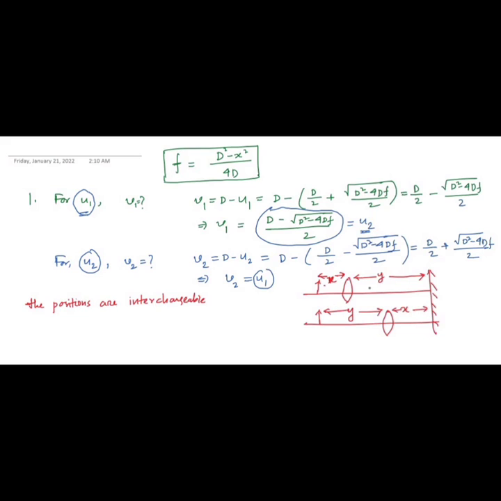Things will be interchanged. See, for u1 as object distance, the image distance was u2, and when u2 is the object distance, u1 is the image distance. So here we can conclude that the positions are interchanging.